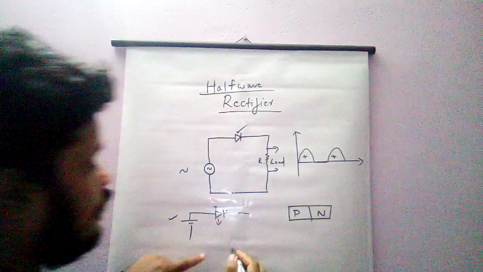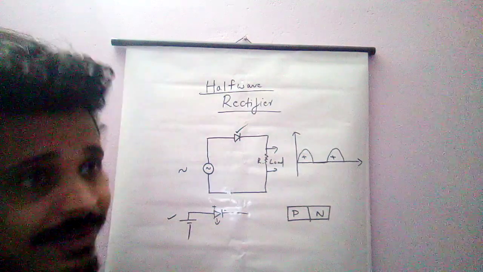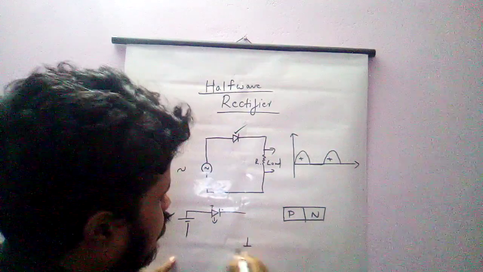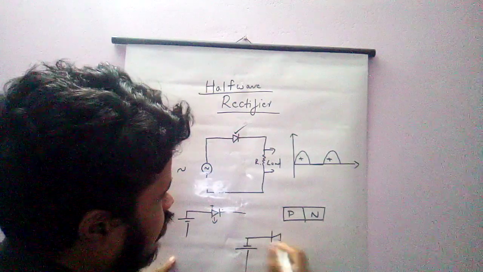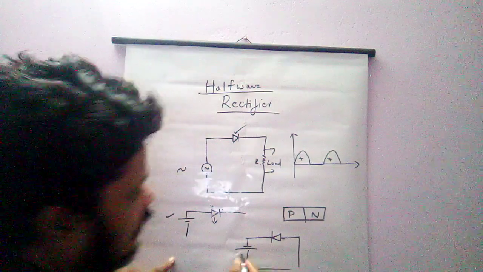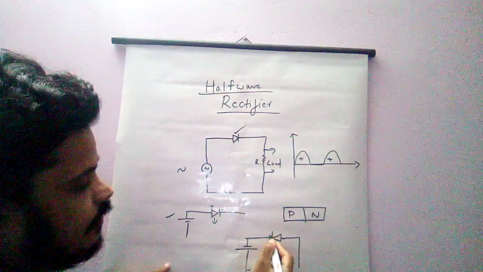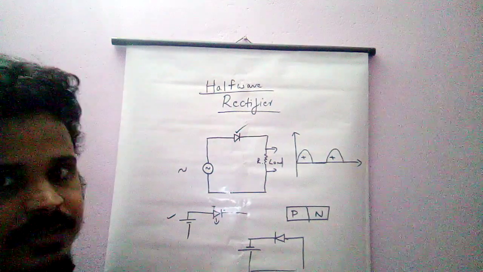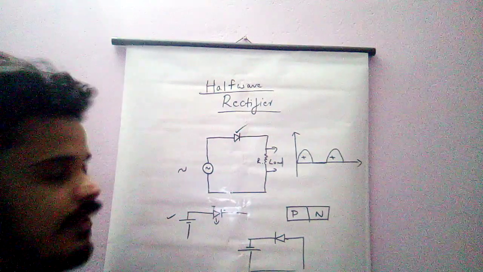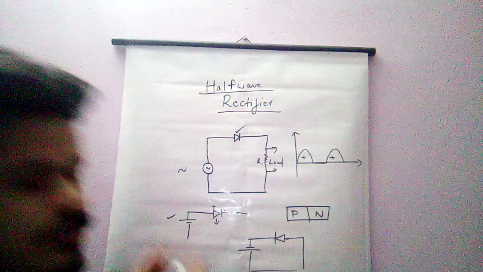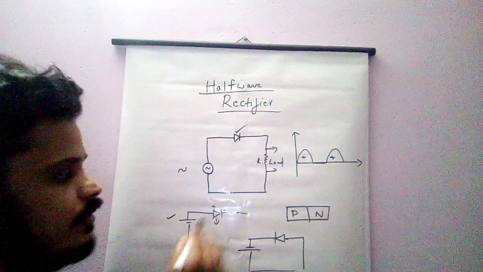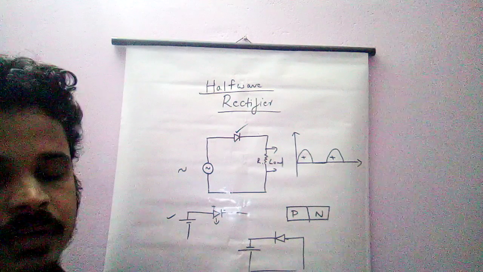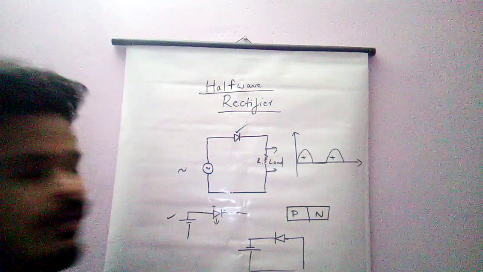Similarly, when the negative terminal of the battery is connected to the negative side of the diode, this is also called forward bias. That is, in forward bias, either the positive of the battery is connected with the positive of the diode, or the negative of the battery is connected with the negative of the diode.